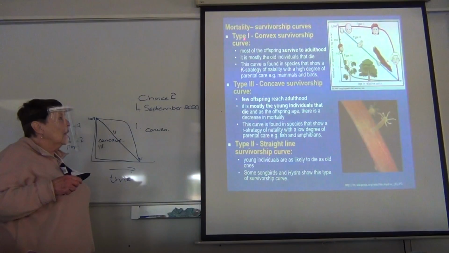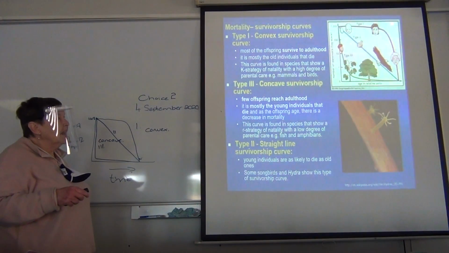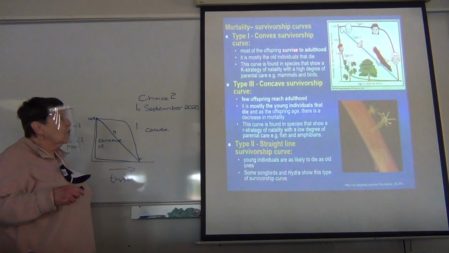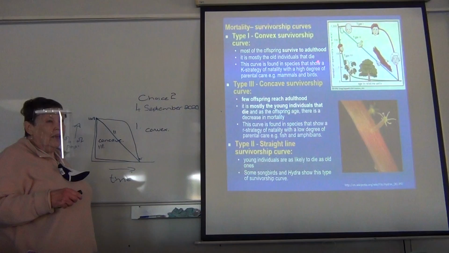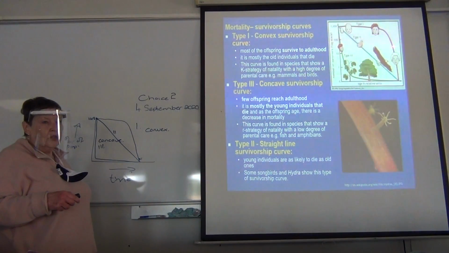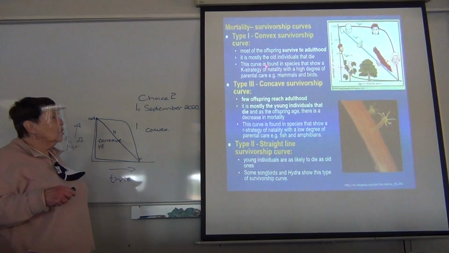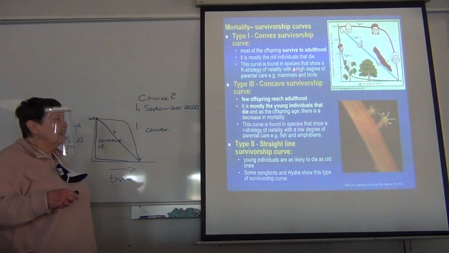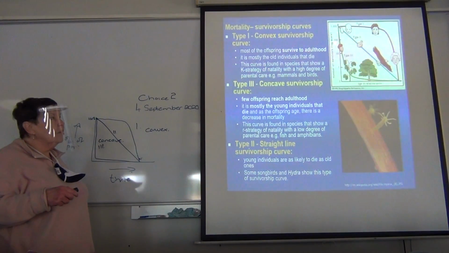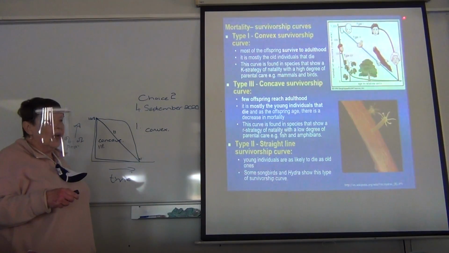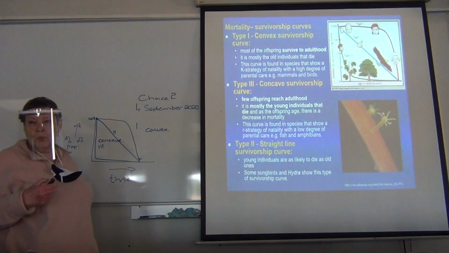Right, so type 1 is convex. Most of the offspring survive to adulthood. Mostly the old individuals die, and they die because they're old. And this curve is found in species that show a K strategy of natality with a high degree of parental care. So very few offspring die straight after birth or hatching.